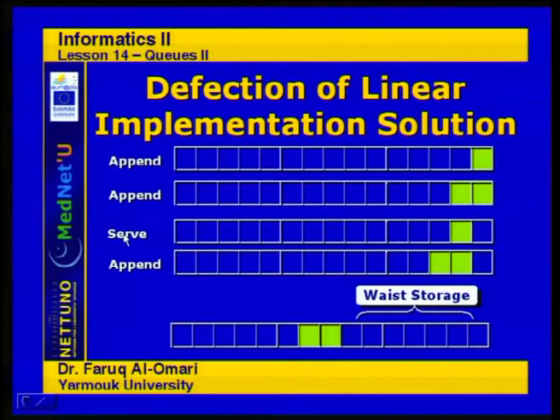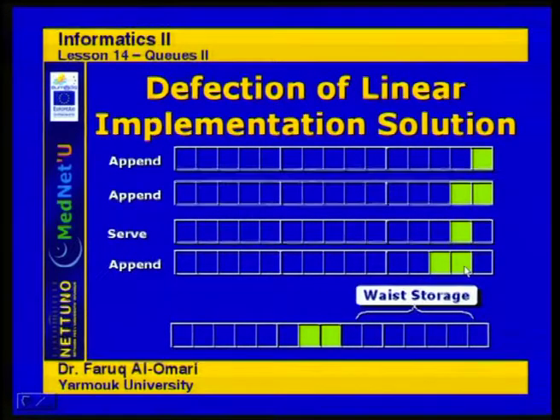I serve, okay? Well, if I serve, the entry in here is going to go out of the queue, and I will have front adjusted so that it points here. So now in this situation, both front and rear are pointing to this entry. Well, I'm appending again. Append is going to go here, and rear is pointing to this entry now, front here.